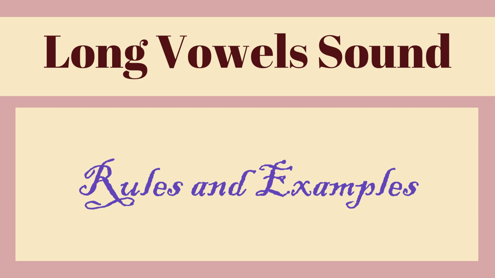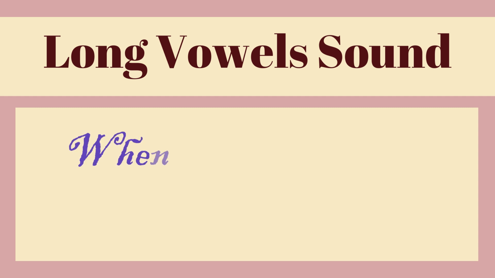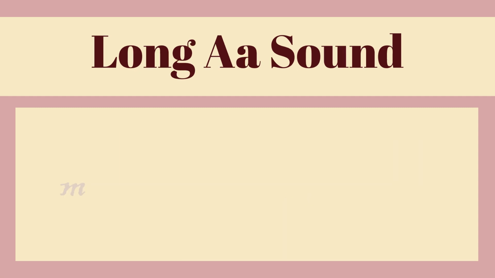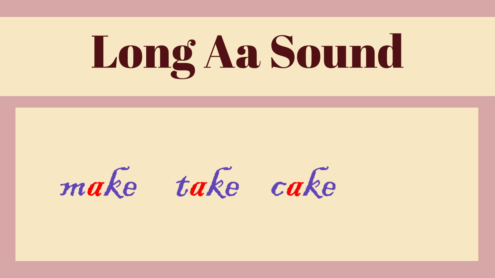We hear long sounds when a word ends with silent E, as in make, take, cake, bake. Here in each word, A makes the long sound and the ending E is silent.